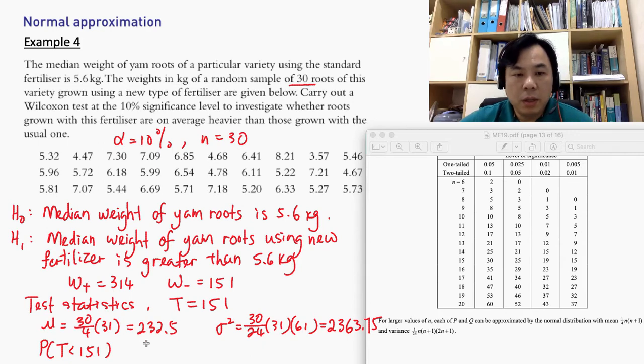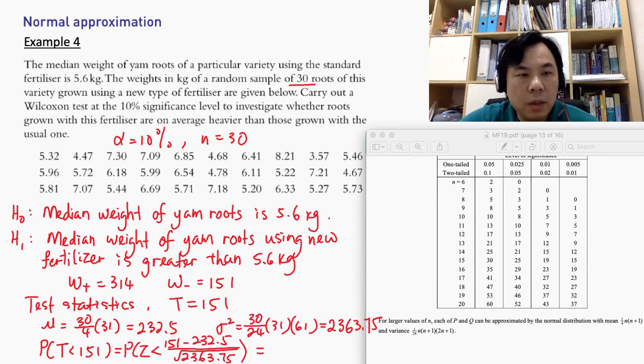In general, you have to use your data booklet and go through the normal calculations to get the z-score. So I just roughly show it to you here: P(Z less than (151 minus 232.5) divided by the square root of 2363.75). That's how we get the probability.